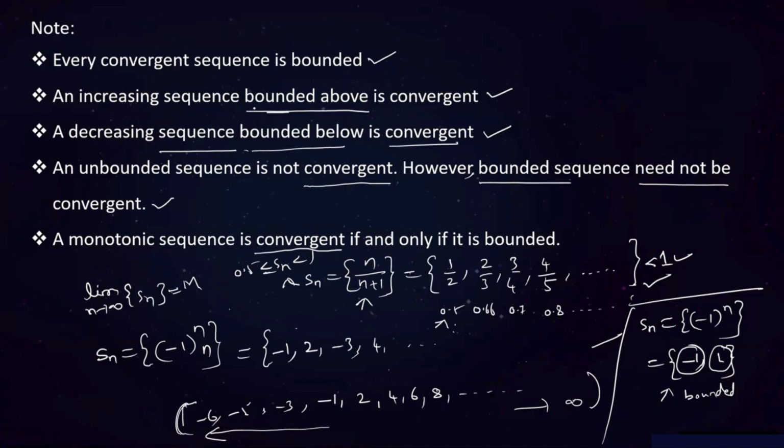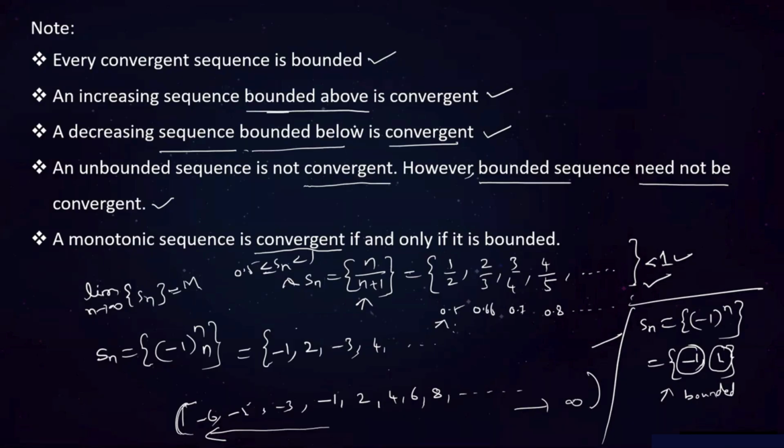You are given a monotonic bounded sequence here. When it is monotonic bounded, it is already convergent. See, monotonic increasing, bounded above, monotonic decreasing and bounded below, right? So in simple, if you just merge these two ideas, it is a monotonic bounded sequence. When it is a monotonic bounded sequence, it is convergent, right?